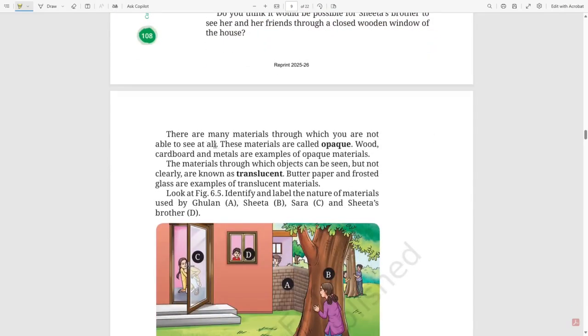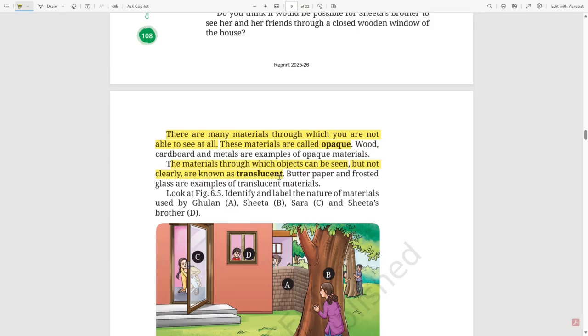Then there are many materials through which you are not able to see. These materials are called opaque. Wood, cardboard, paper, plastic are examples of opaque materials. The materials through which objects can be seen, but not clearly, are known as translucent materials.